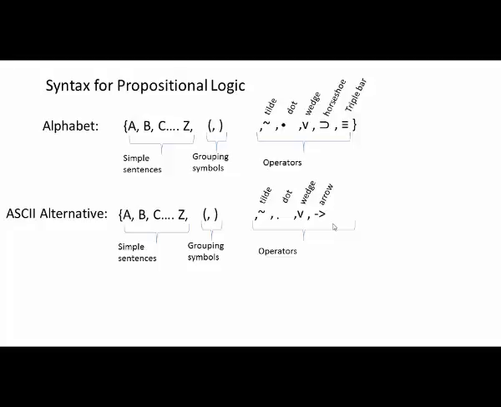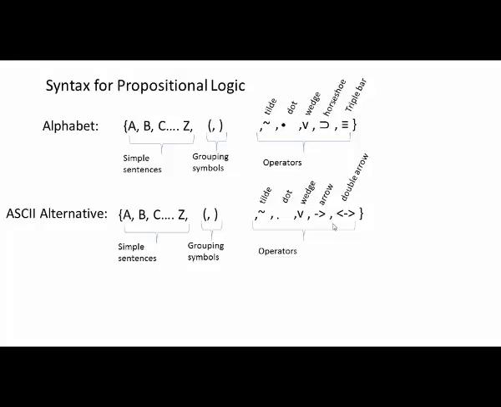The dash is on your keyboard, and the right corner bracket is down in the lower right corner next to the question mark. And instead of the triple bar, we can use a double arrow, where we put a left corner bracket followed by a dash and then the right corner bracket. So now we've got a few alternatives where we can use just the standard symbols that are on all of our keyboards.